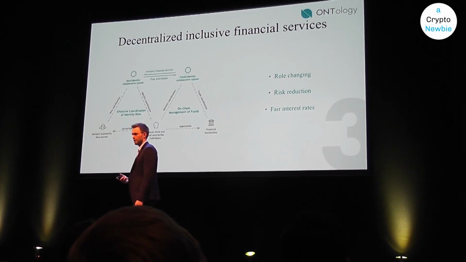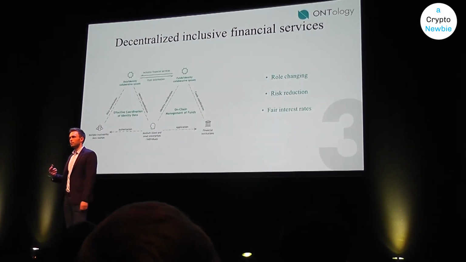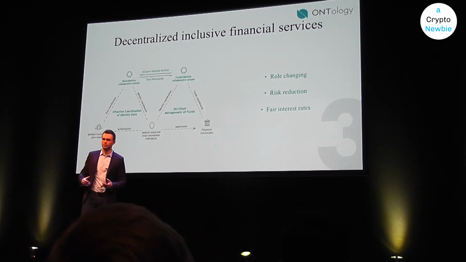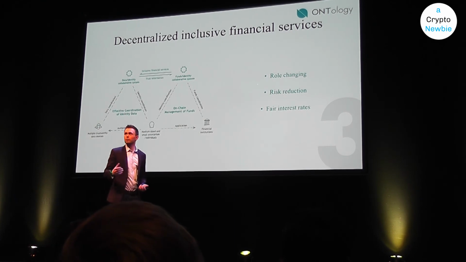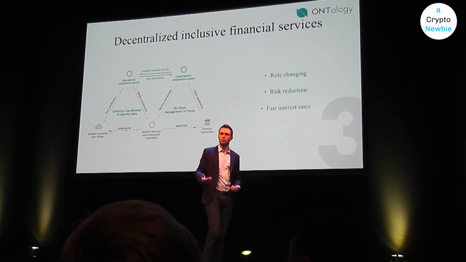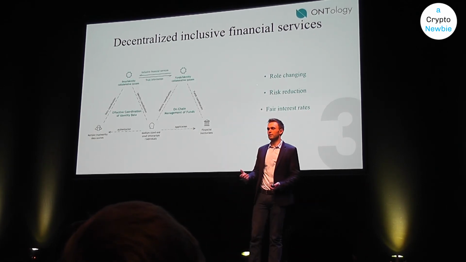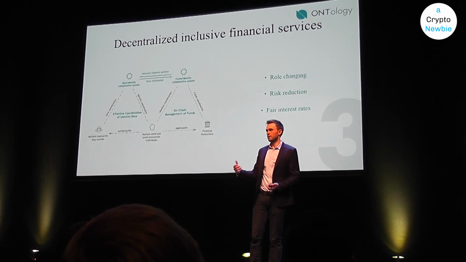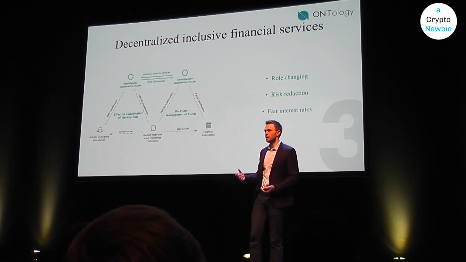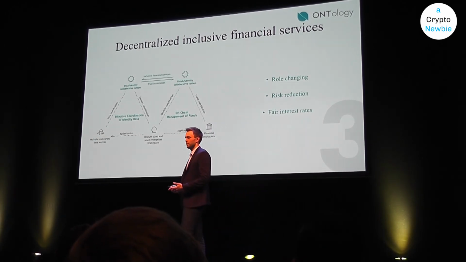So the last scenario is for financial services. In this particular example, we have a small medium enterprise or a small business owner who wants to go to the bank and apply for some financial services, a loan. And the thing is, when they do this these days, it's quite expensive for them, and the loan they get will often reflect a high interest rate based on some due diligence and risk control that the bank has to do.